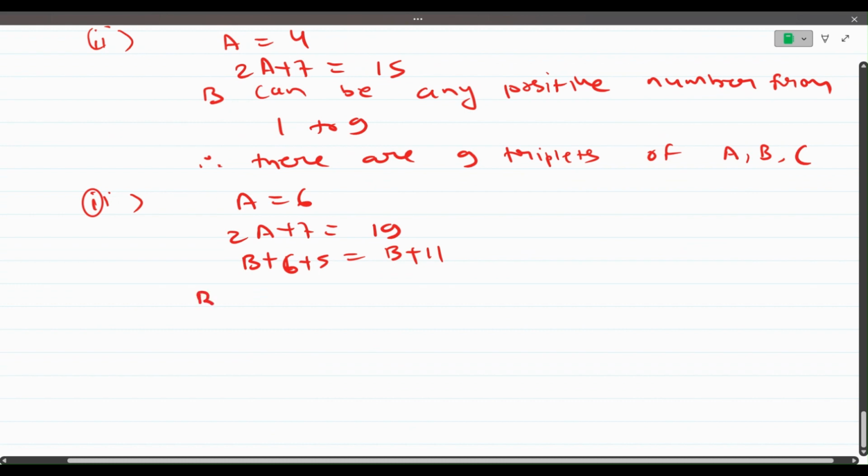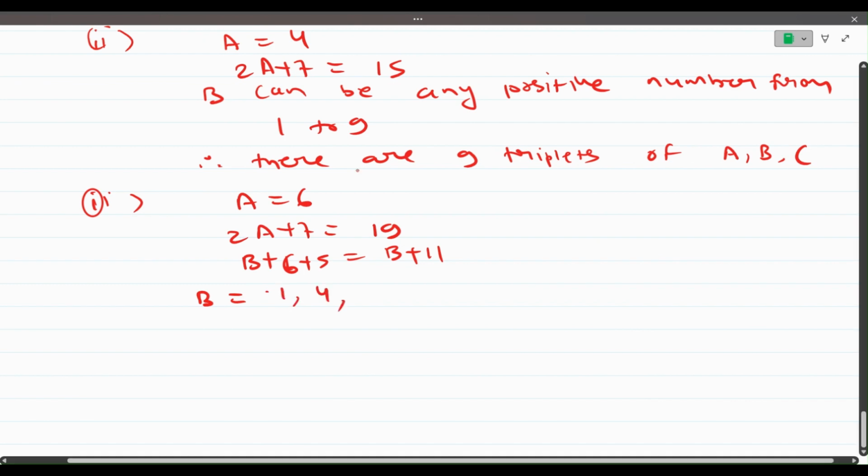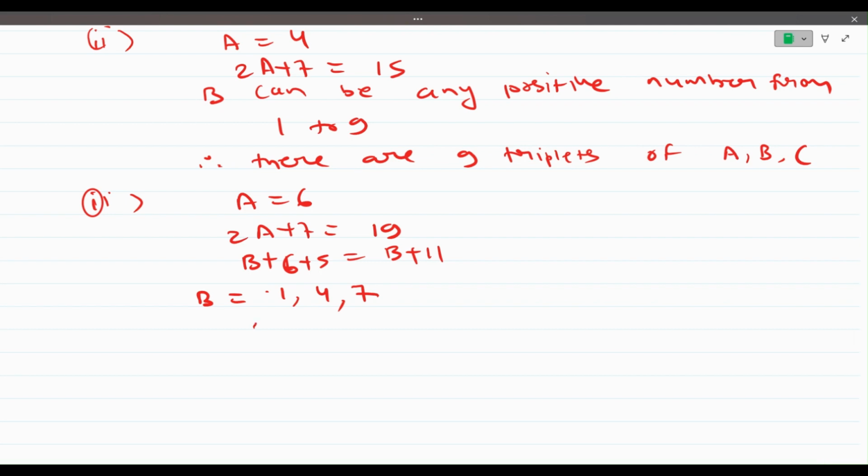So the possible values of B are 1, 4, and 7. So three triplets are possible here also.